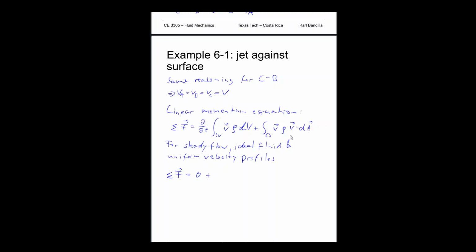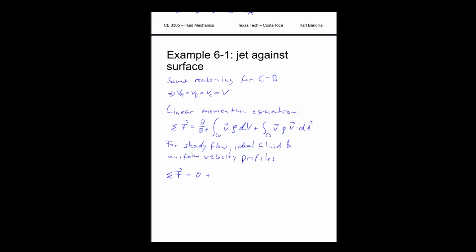But if we say that our velocities are uniform across our control surfaces, right? That means we have that same profile. So that means we can just multiply instead of integrating.